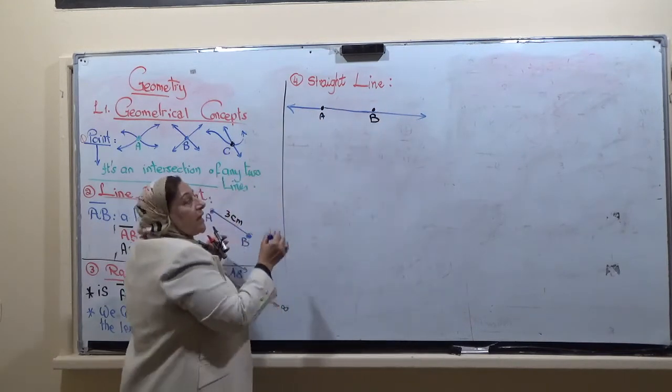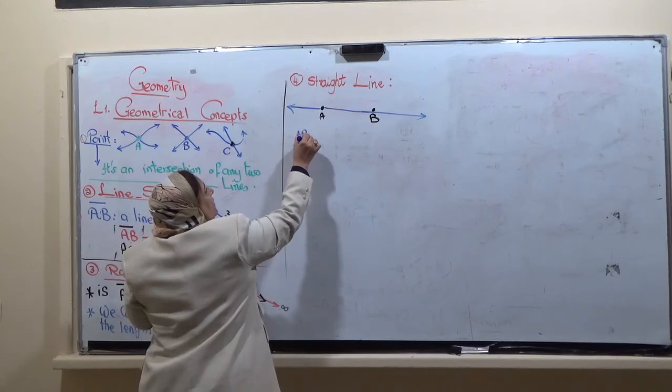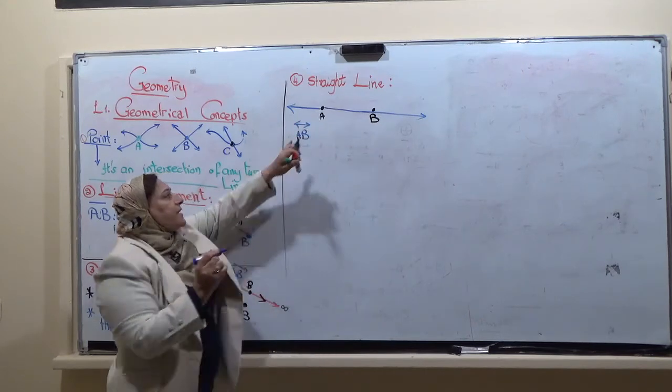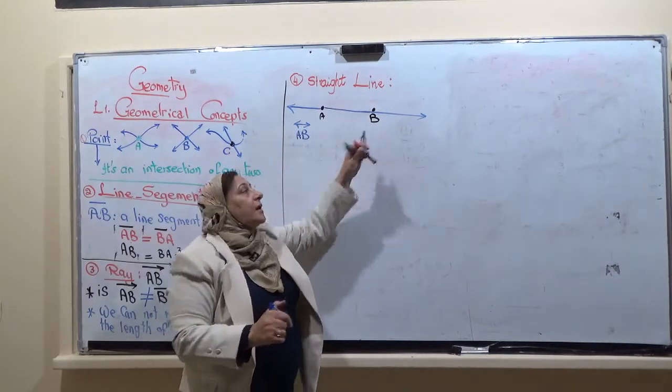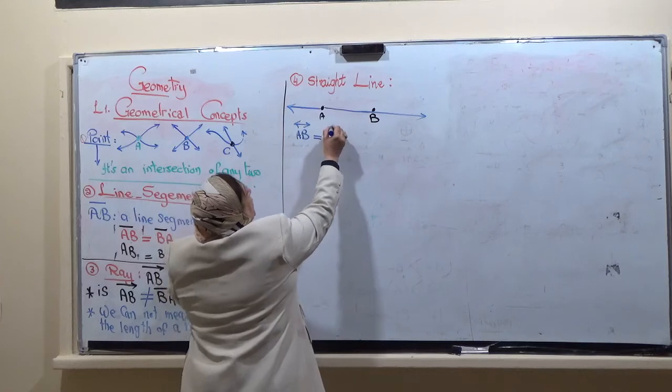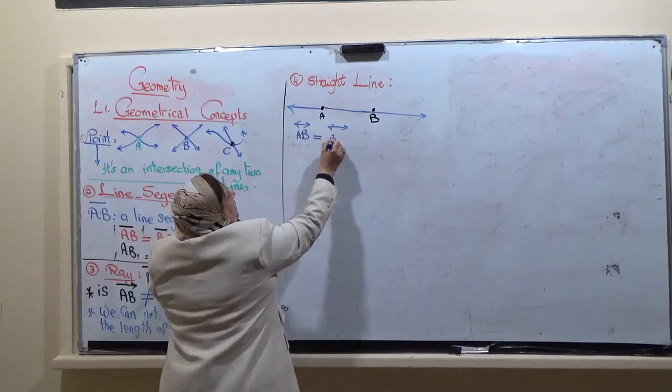So AB straight line means the straight line passing through A and B. It's the same as the straight line passing through B and A.